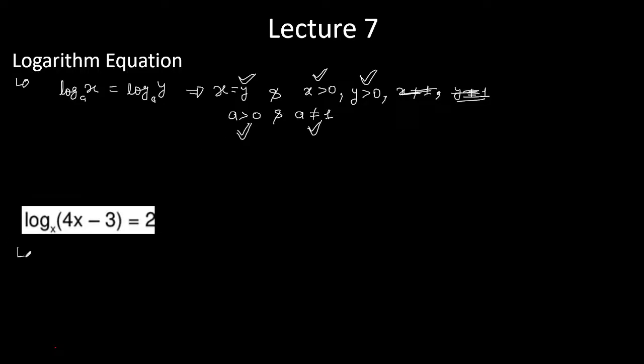So I will take one example. Here we have log of 4x minus 3 base x. So by that, what can we say is that the base x should be bigger than 0 and x should not be equal to 1.